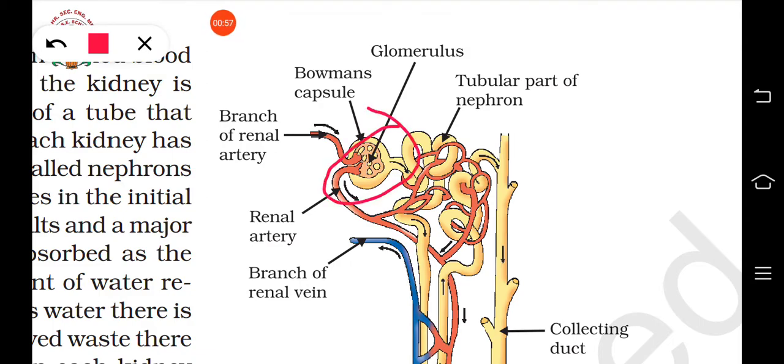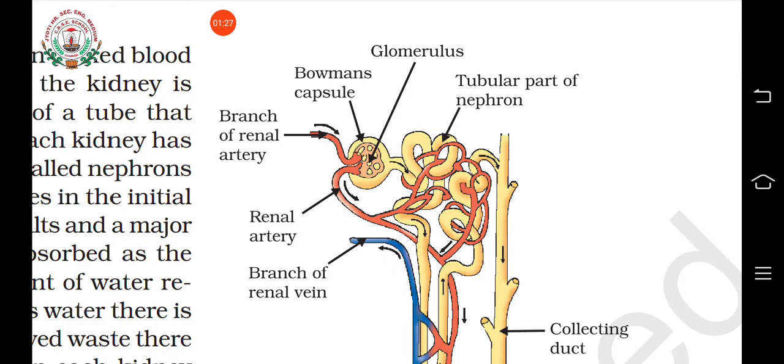Then you can see a long tube which is coiled here, and it is coming as a hairpin like structure here, and again it is coiled, and they will join to the collecting duct. So these are the parts of the nephron. And what is the function of the nephron? Nephron helps in filtering the waste materials from the blood. So this much we have studied.